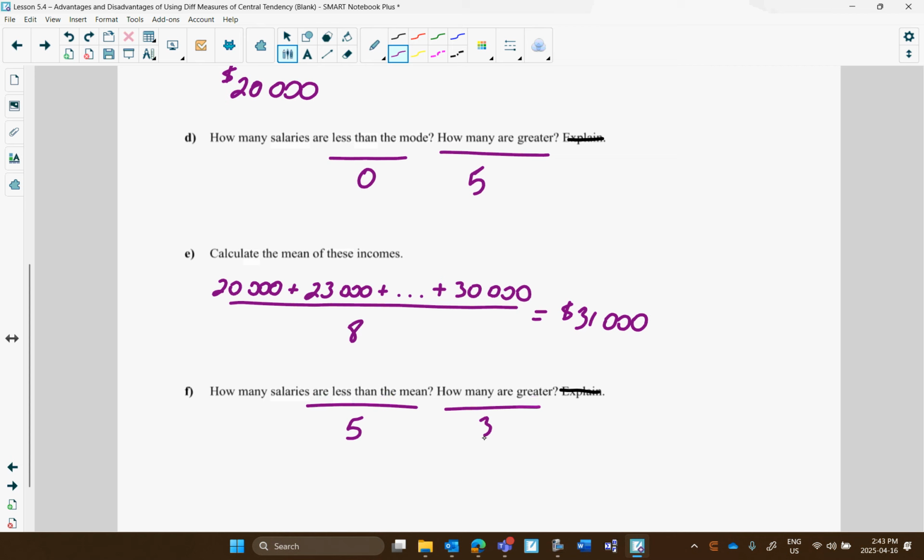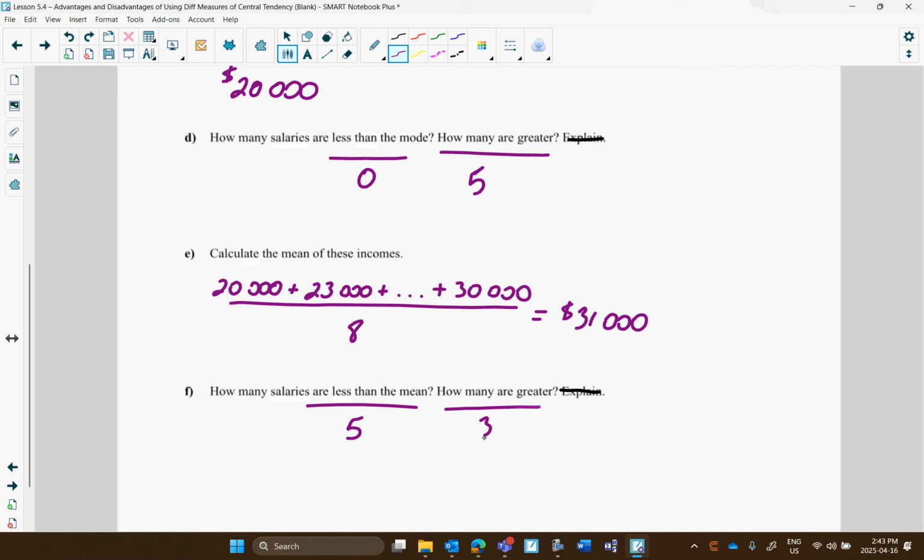And why is that? Can you explain to me why this mean is higher? What value in the data changed this significantly higher than the median? The 58,000, right?